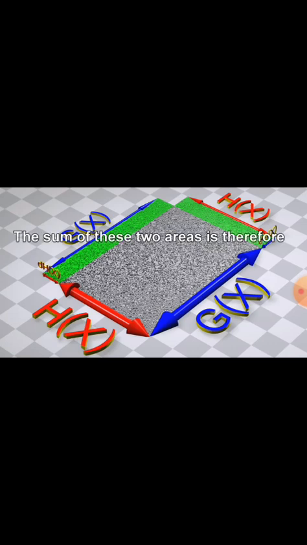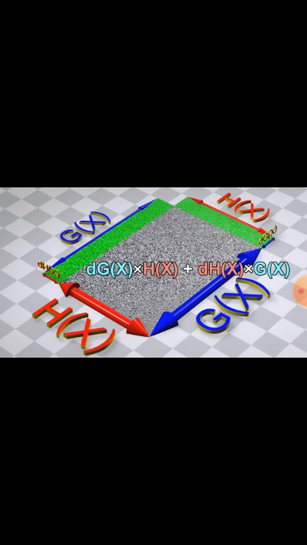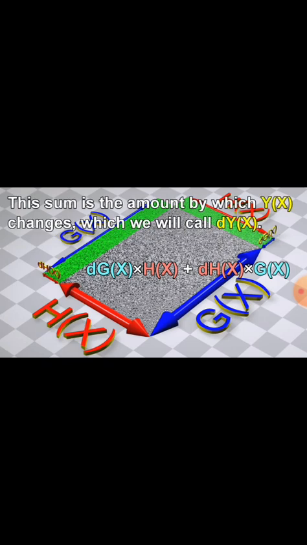The sum of these two areas is therefore dg multiplied by h plus dh multiplied by g. This sum is the amount by which y changes, which we will call dy.